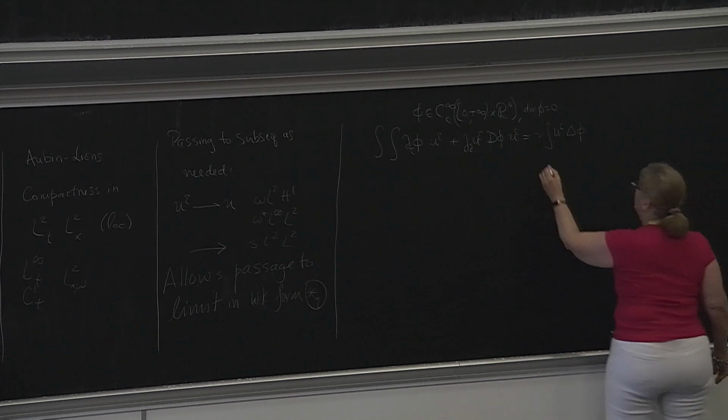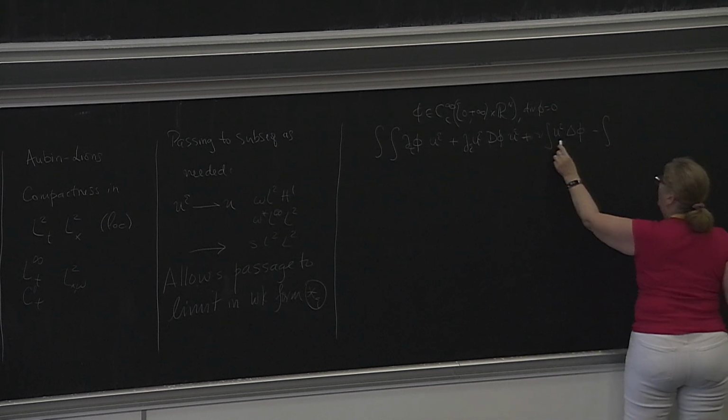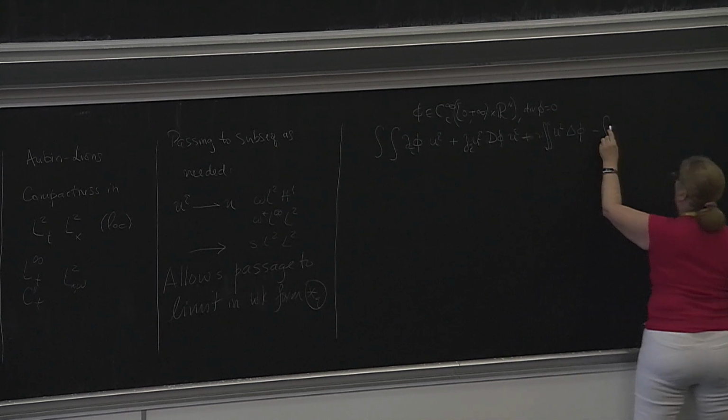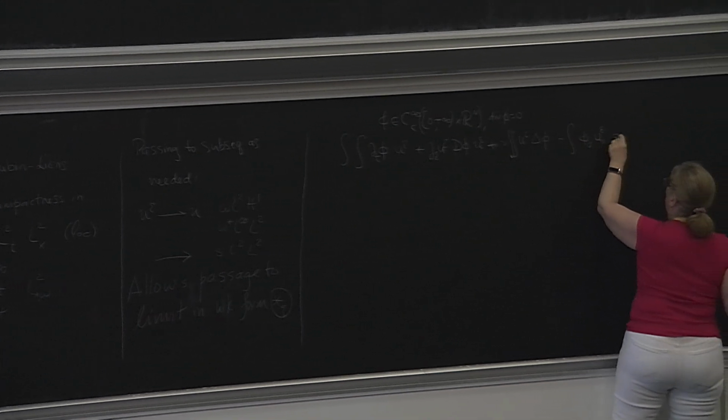This would be with a minus sign, actually. This, plus this minus. So again, there's a double integral here, minus the integral of phi 0 U naught epsilon.